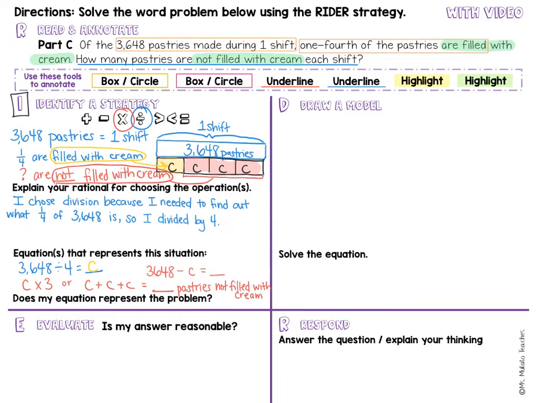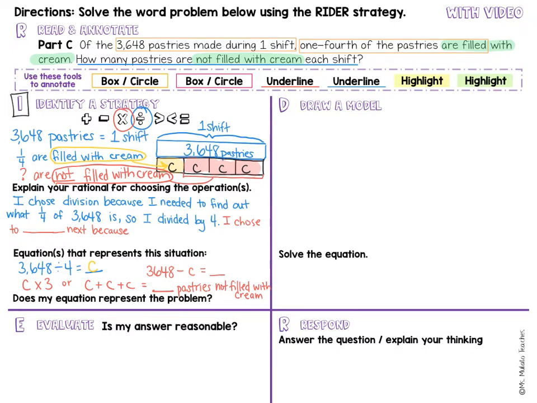So on this next part, I actually want you to explain the rest of which strategy you chose and why. Here's a sentence stem to get you started. I chose to, did you choose to add, multiply, or subtract next because, and then complete the rest of your answer.